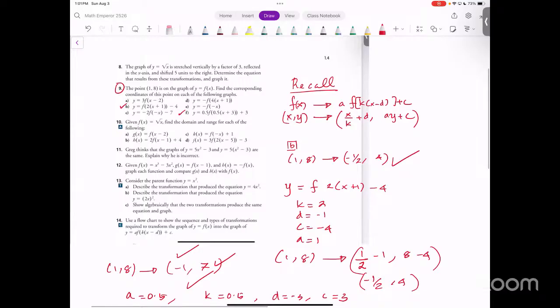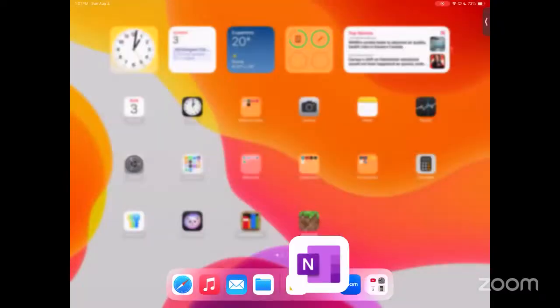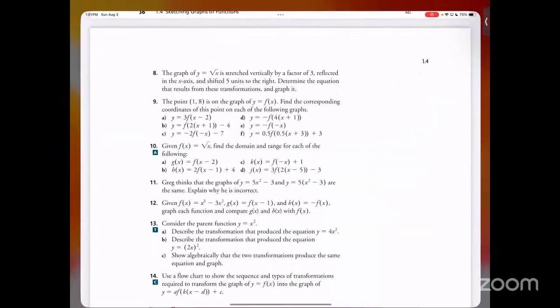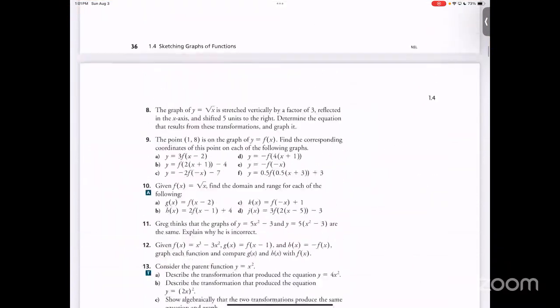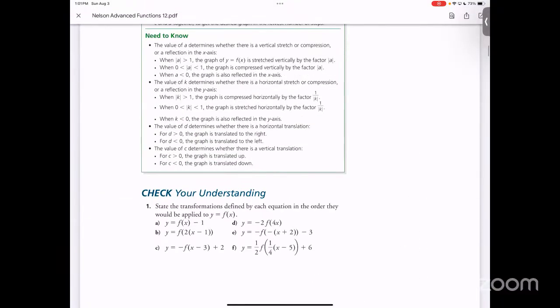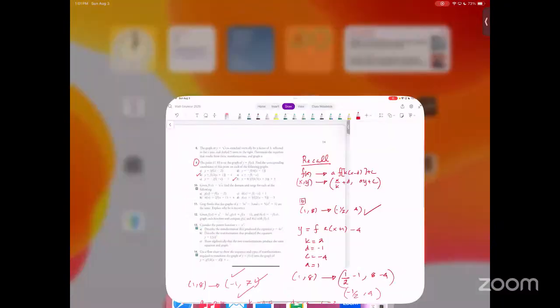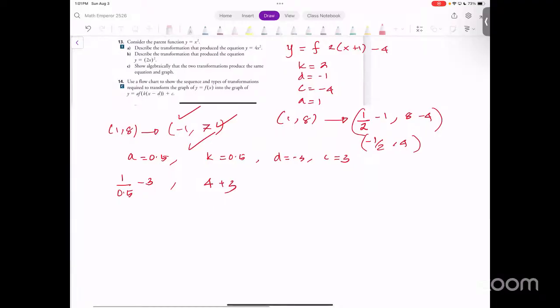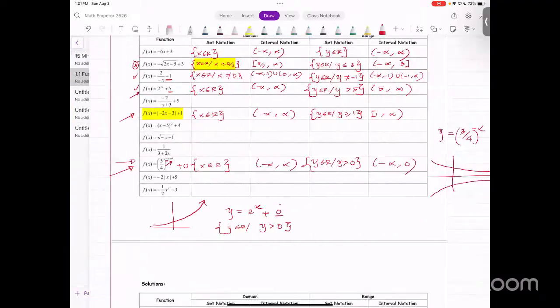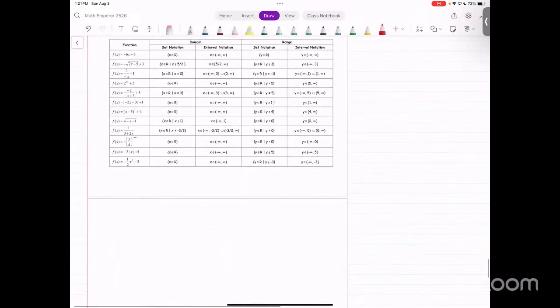Shouldn't be a problem. Now, you will see in the textbook, this is basically the whole thing I'm talking about in 1.4. So for homework in textbook 1.4, you need to practice the 1.4 questions.